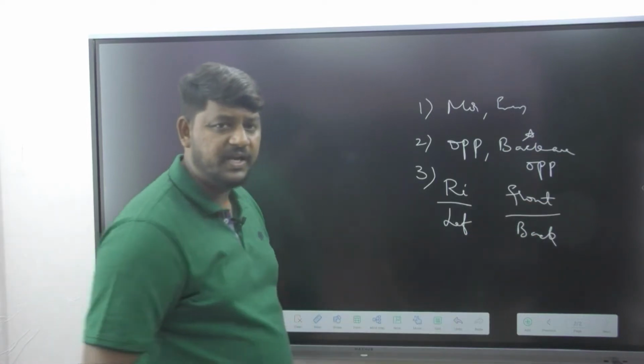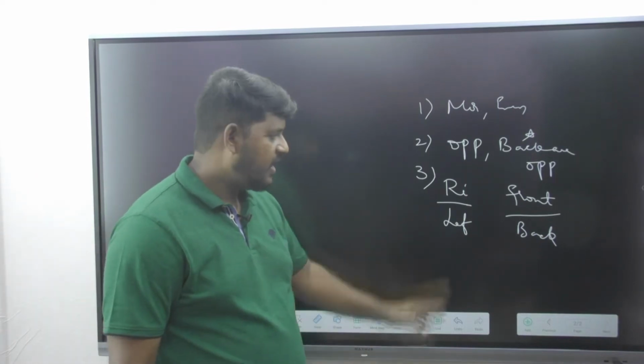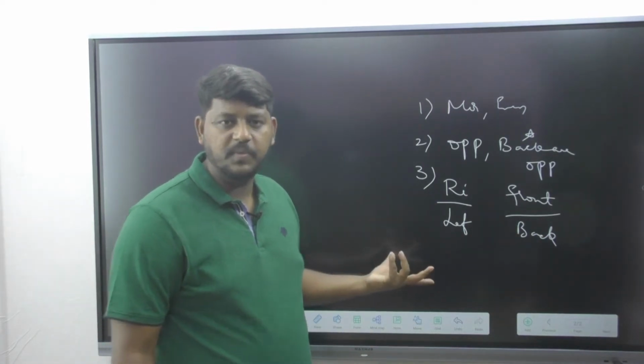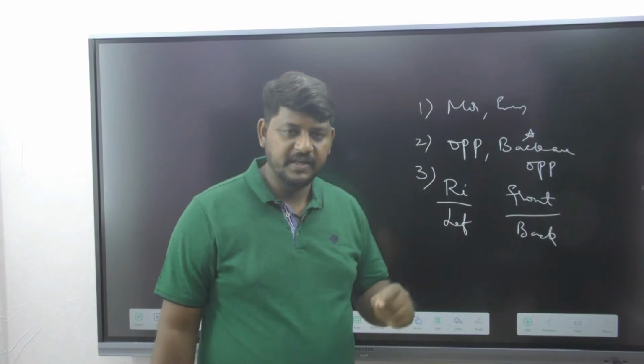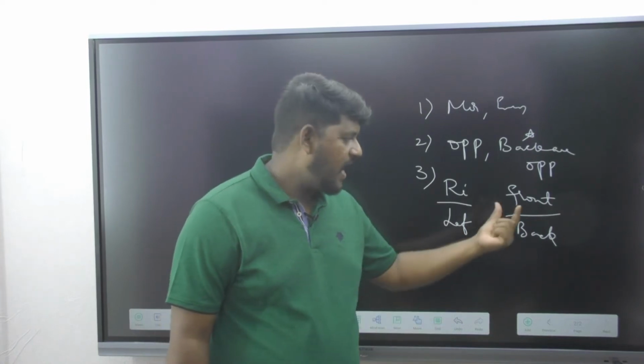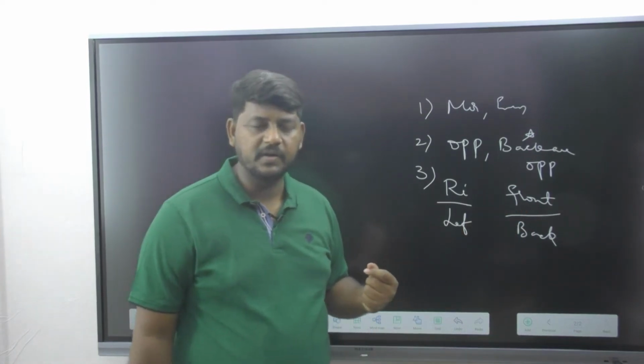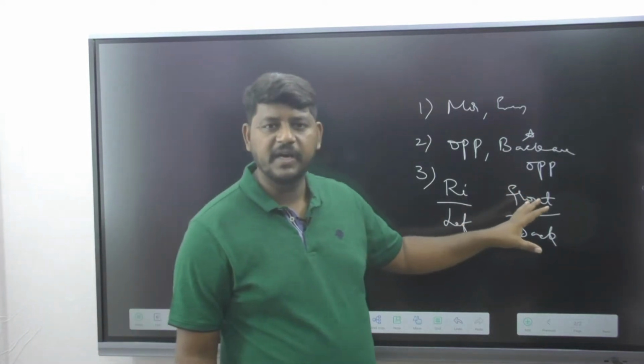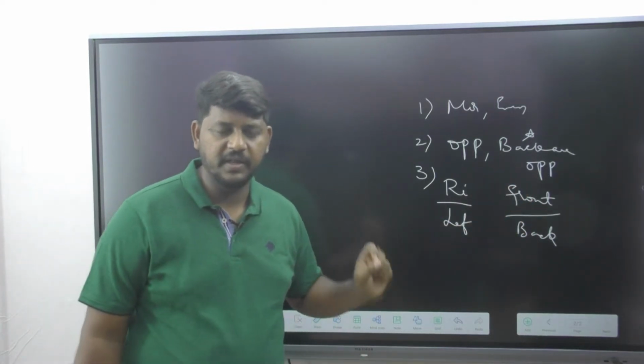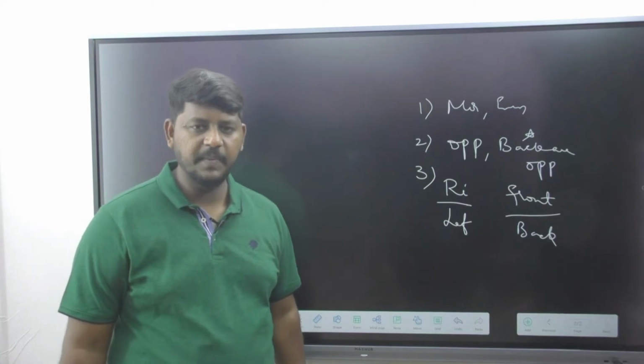Because we know very clearly the shortcut can be applied: right and left, obviously you are supposed to place those persons at the north and south only, and if the front and back is appearing in the question, immediately you need to recognize those persons are going to be coming in the east and west only. Am I clear?